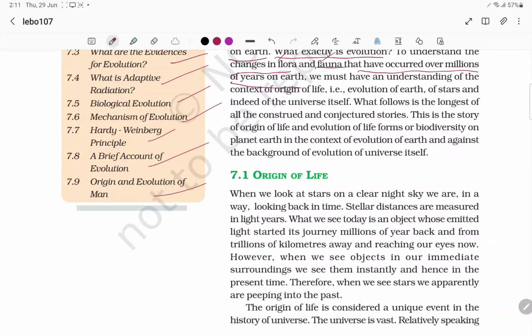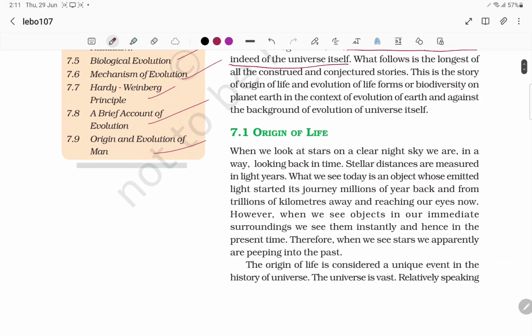You have to understand the stars, planets, indeed the universe itself. These are long, constructed and conjectural stories, so we don't have very true evidence, but we believe them to be true because we don't know what has happened. We believe this may have happened because these are the most acceptable explanations.